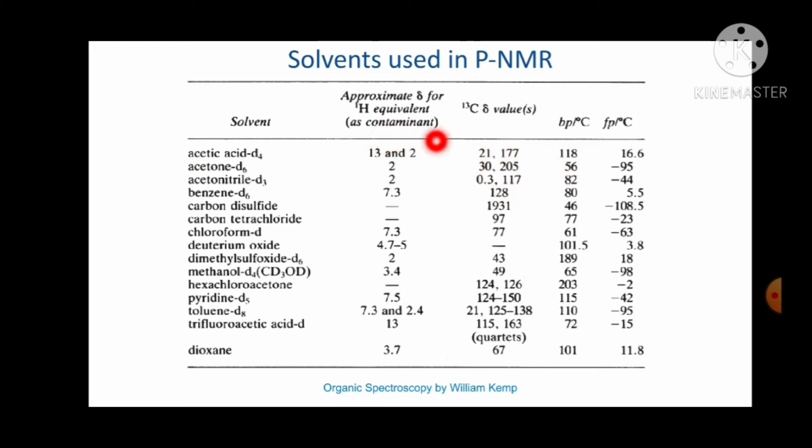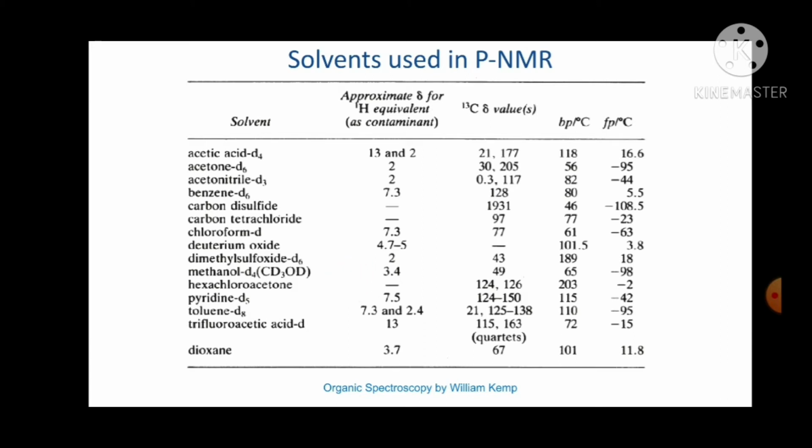For proton and C13, you can use them for both, and their boiling points and other constants are given. So acetone D6, then acetonitrile D3, benzene D6, carbon disulfide, carbon tetrachloride, then deuterated chloroform, deuterium oxide, dimethyl sulfoxide, that is DMSO D6, then methanol D4, and so on.